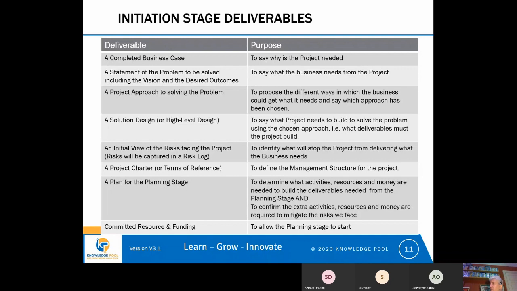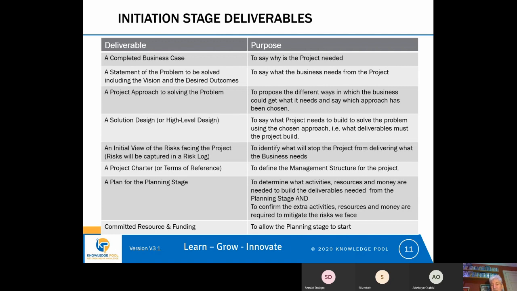On the next slide, we'll look at what those particular deliverables are that are normally built in the planning stage. So when we're constructing the plan for the planning stage, we're thinking about what activities, resource and money are needed to build the deliverables for the planning stage.